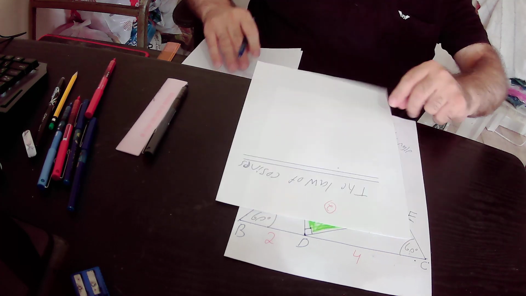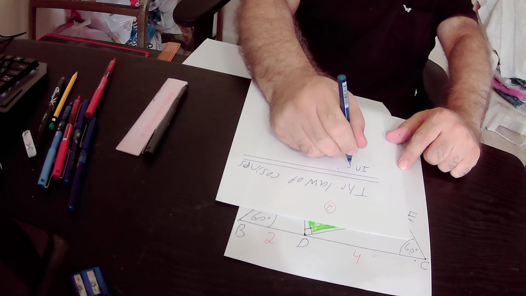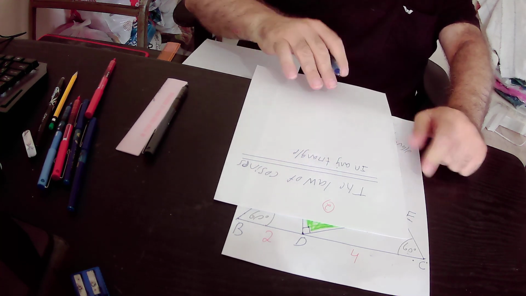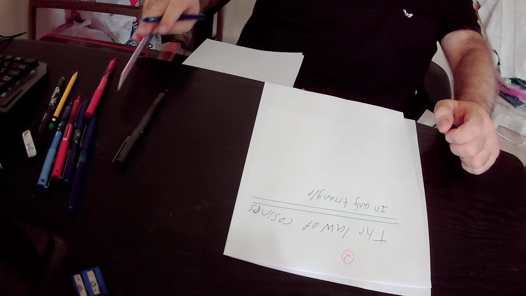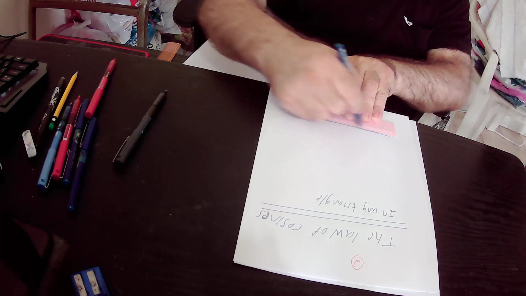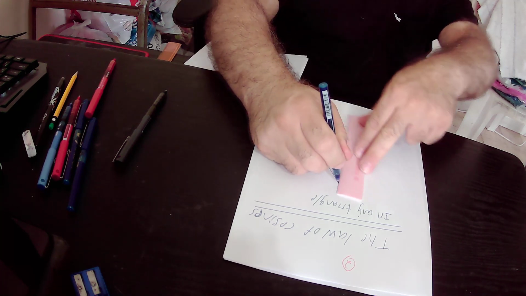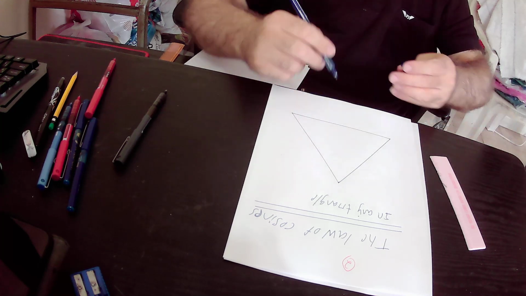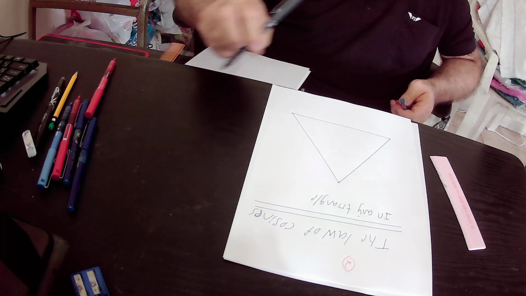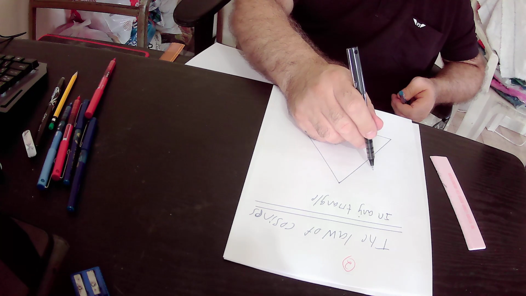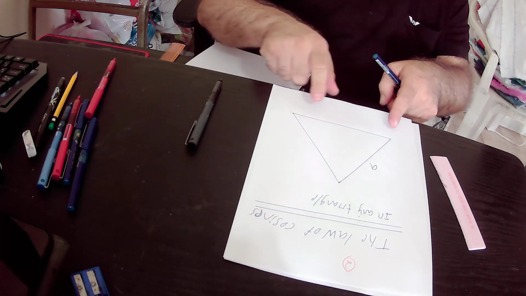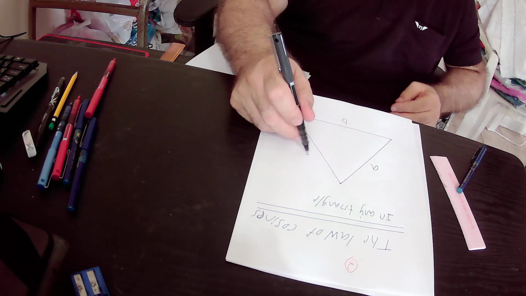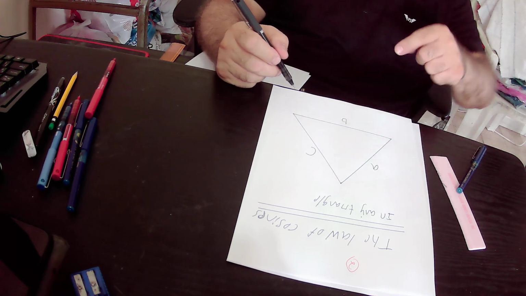So if we have the blue triangle, and the length of this side is A, the length of this side is B, and the length of this side is C, and the angle between side A and side B is theta.